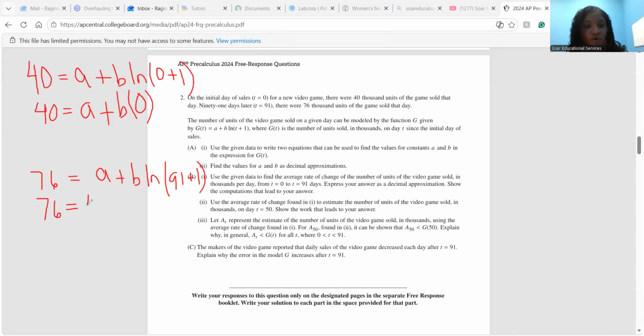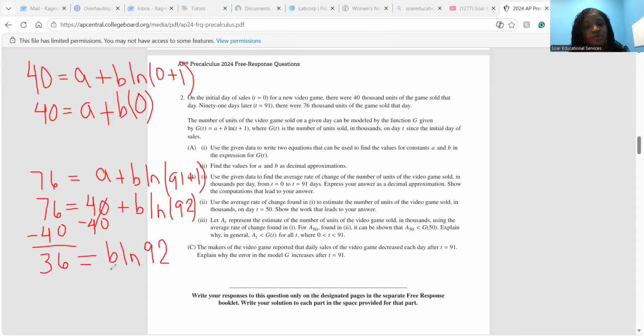So here we have 76 equals 40 plus B natural log of 92, and we need to solve for B. We're going to solve algebraically. So minus 40, minus 40. 76 minus 40 is 36, equals B natural log of 92.